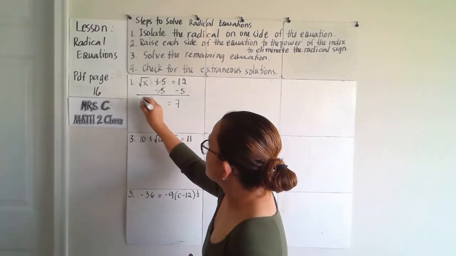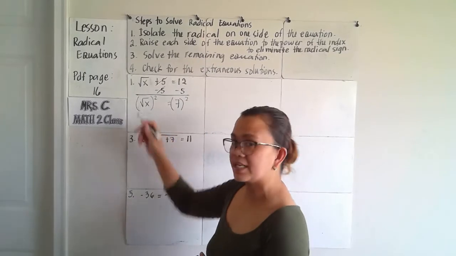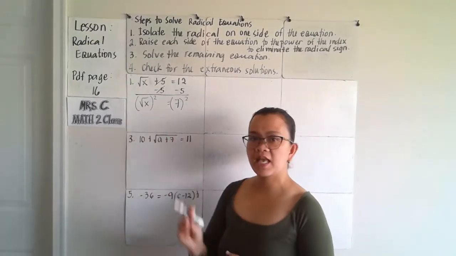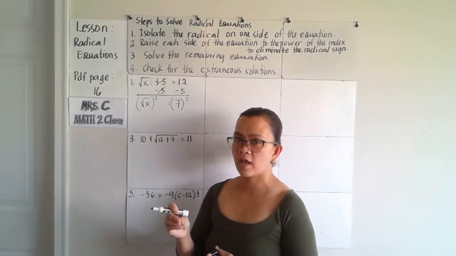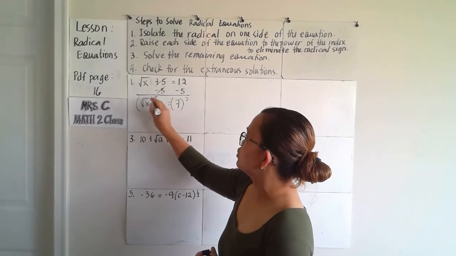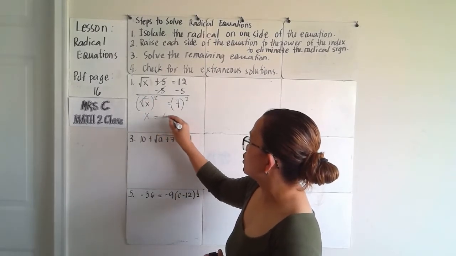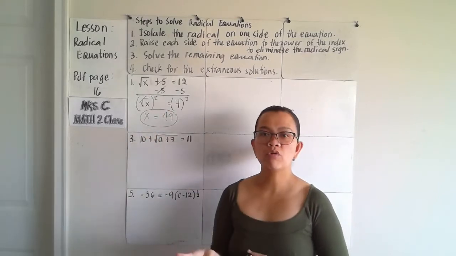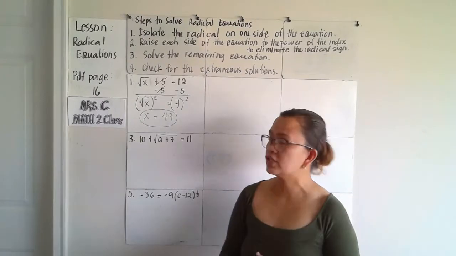I will raise both sides to the square because, as I said in my previous video, if you don't see any index, it means it is a square root. So squaring it cancels the radical, and you're going to have x equal to 49.